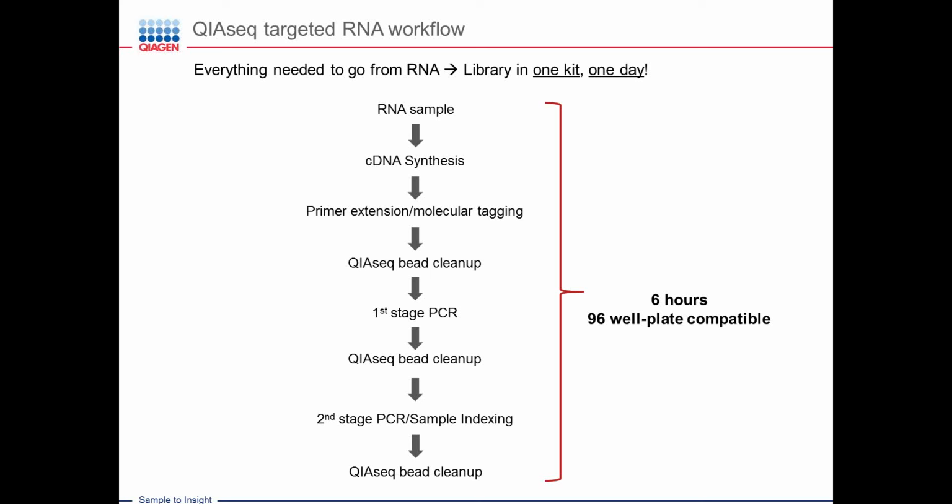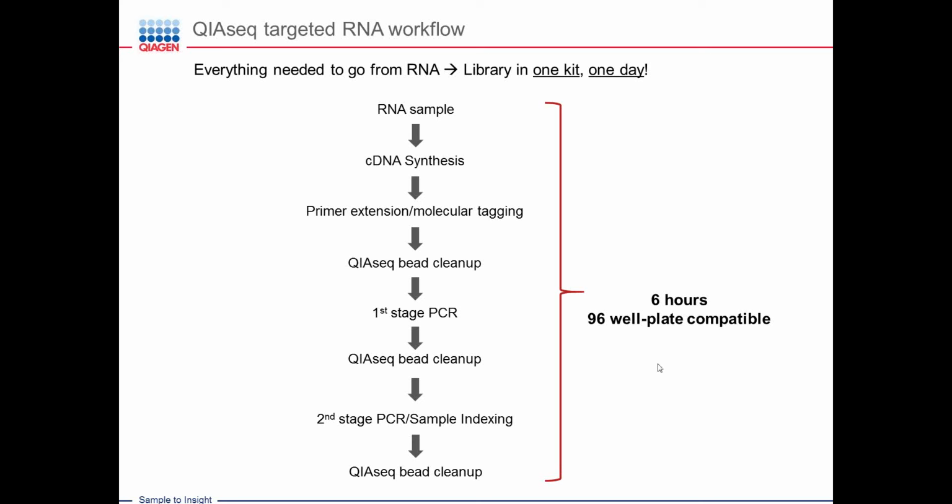We do a very aggressive cleanup to make sure that the gene-specific primer extension molecular tag is removed. We do a limited number of PCR cycles with the gene-specific primer from the other side and the adapter sequence we added earlier. Then we do a universal PCR, put on sample indexes, clean it up, and we're done.